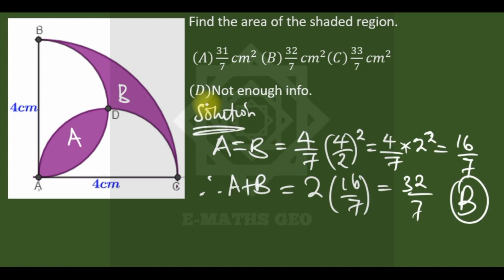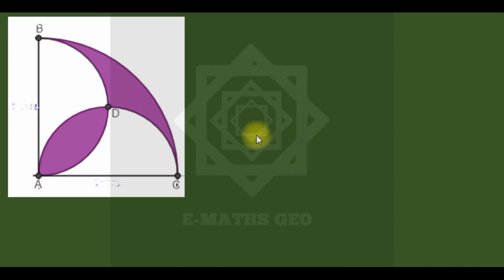So that's the first one. Let me now prove how I got this formula, that A and B are each equal to 16/7. This is similar to the former diagram.